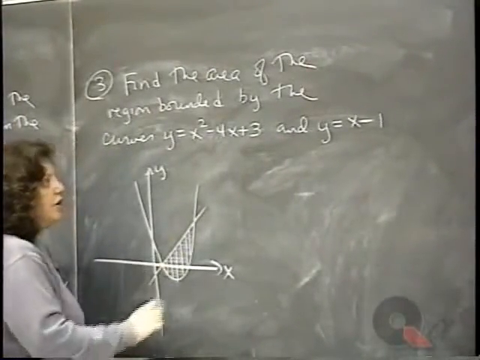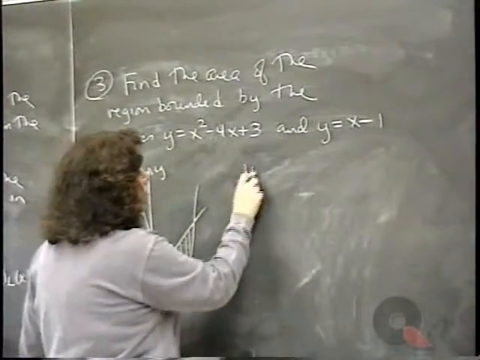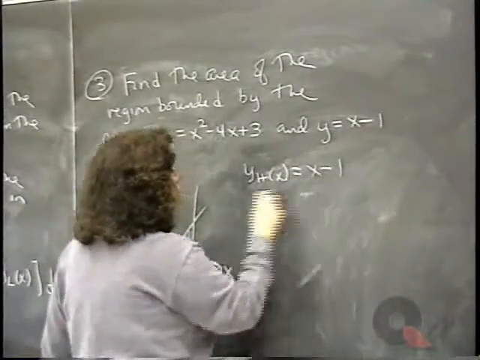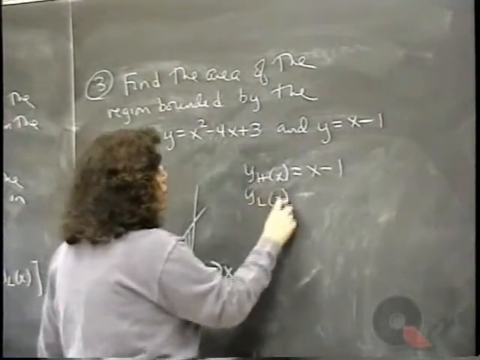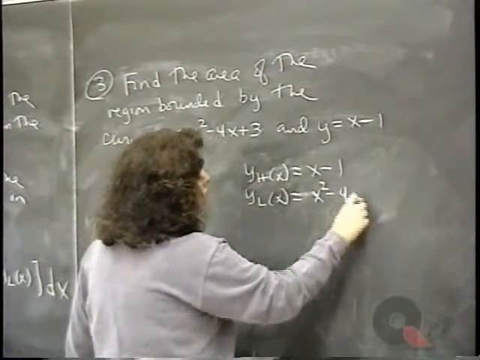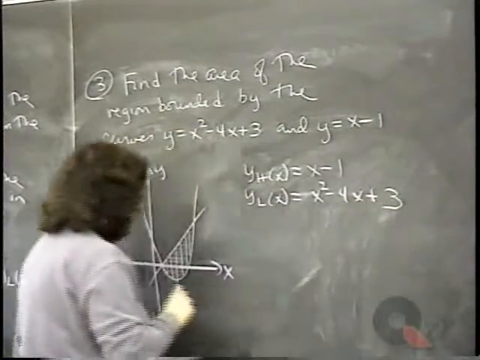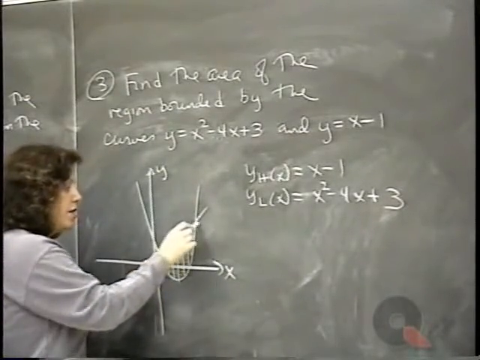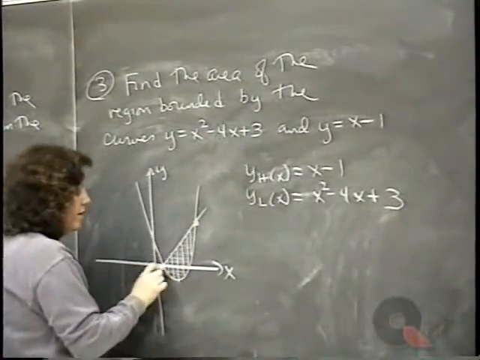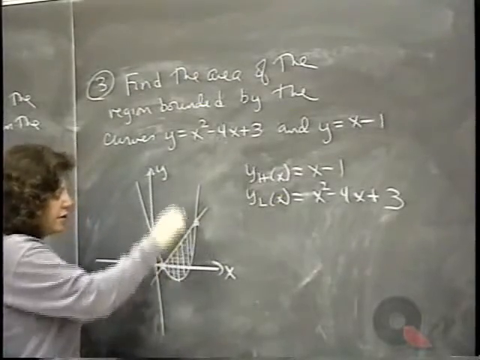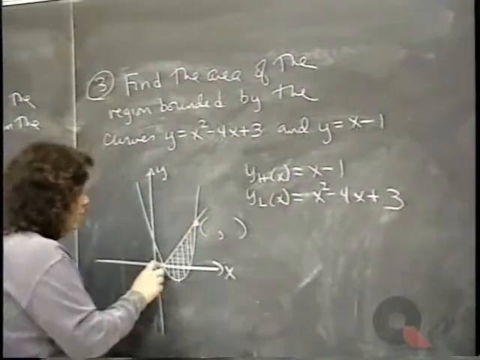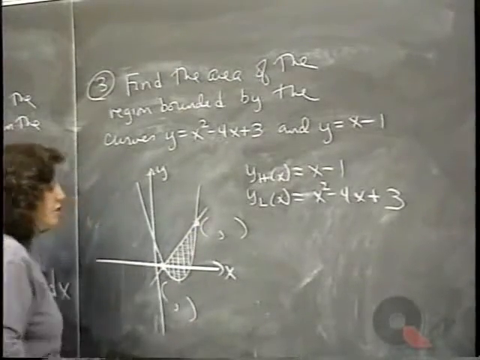Clearly, in this region, the high curve is the straight line x minus 1, and the low curve is the parabola x squared minus 4x plus 3. Now that changes outside of the region, with the parabola going higher than the line, but between here and here, that is the case. Once again, x equals a and x equals b will be the x coordinates of these points of intersection.